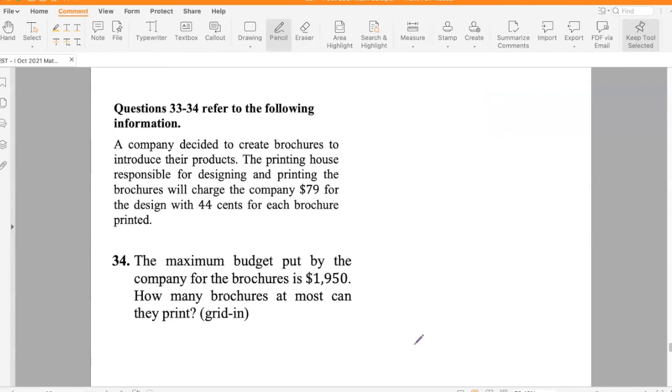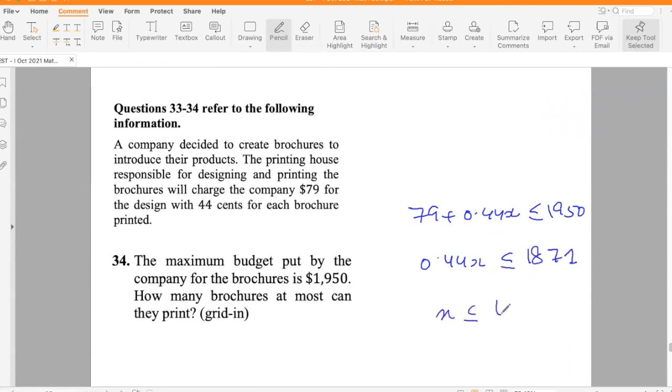The maximum budget put by the company for the brochures is 1950. How many brochures can they print? Okay, so 79 plus 0.44x, that's this thing. This should be less than or equal to 1950. So 0.44x should be less than or equal to 1871.